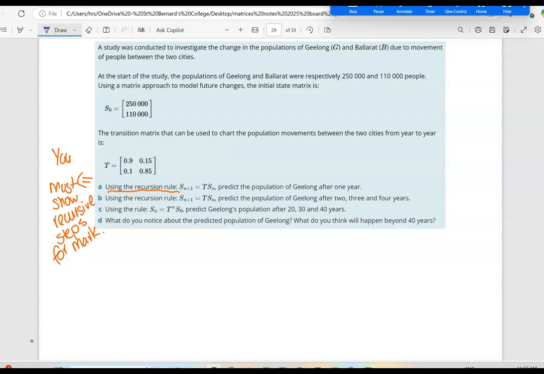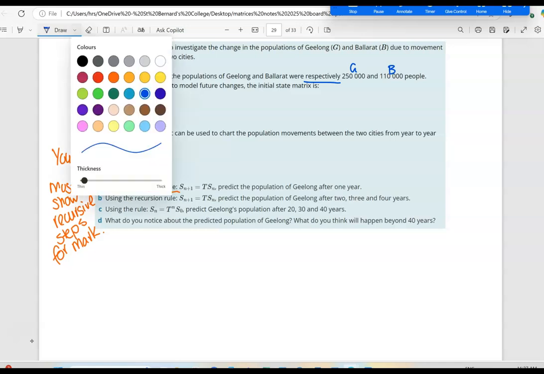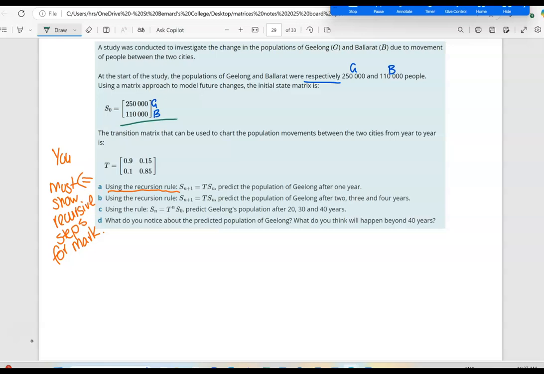When they say respectively, that means whichever one they said first is the first one there. So now I know that this top number is Geelong and this bottom number is Ballarat. I also know that the total population is 360,000. So you should never lose any people, so your states should always add up.